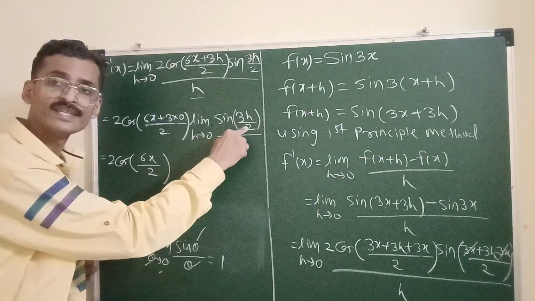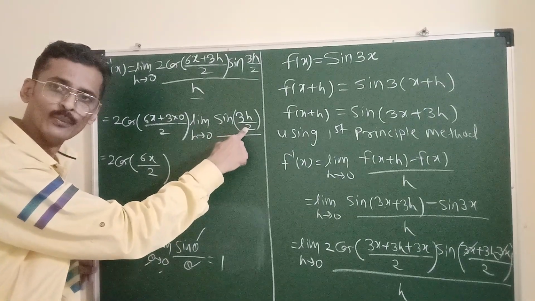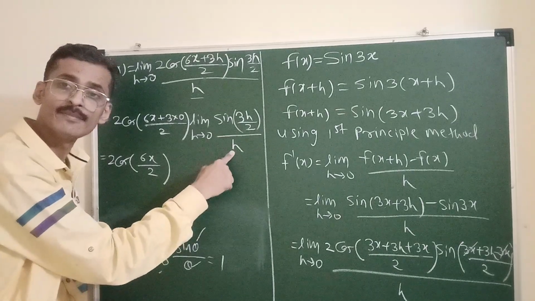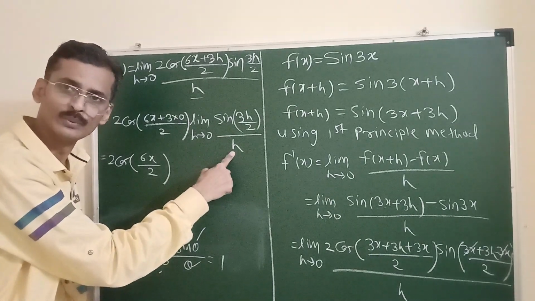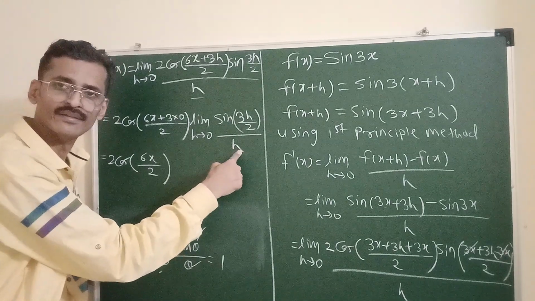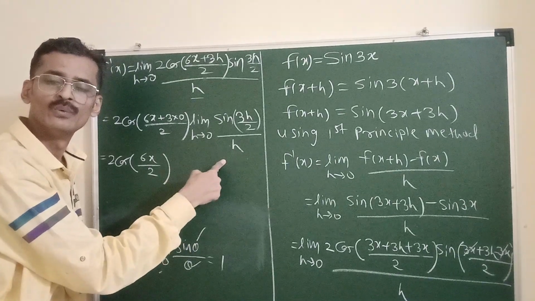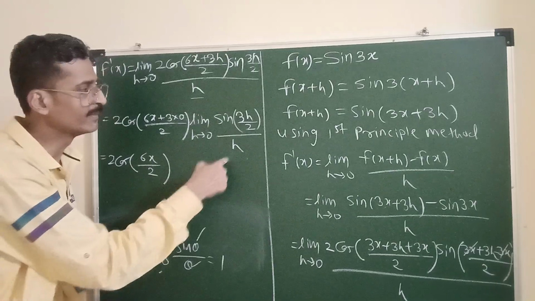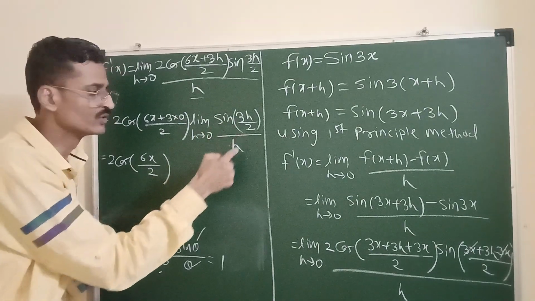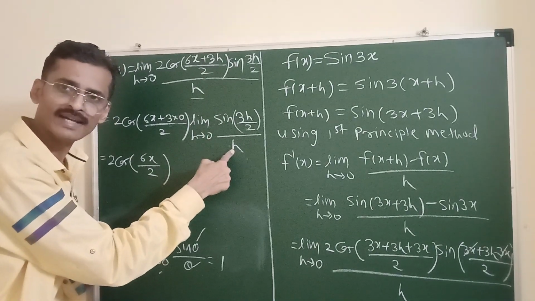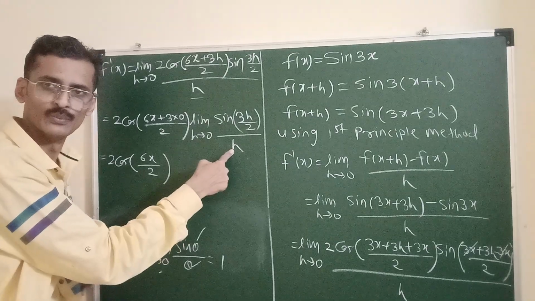Now here theta is 3h by 2, so we want the same theta, 3h by 2, in the denominator. Now h is given, so we want 3 in the numerator and 2 in the denominator. We can adjust that, because 3 by 2 is a constant. So we can multiply and divide this h by 3 by 2.